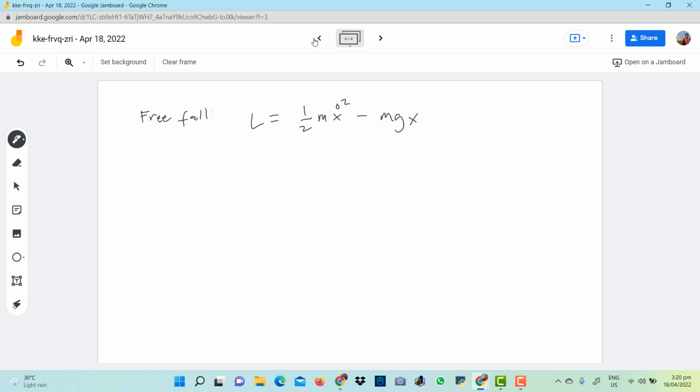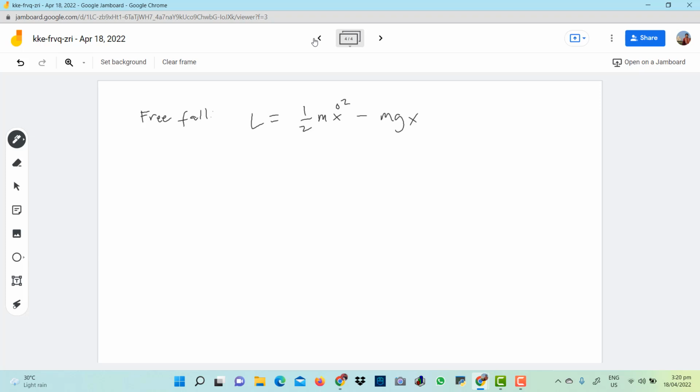Or if you use y, then it is 1/2 m y dot squared minus mgy. It is the same. So in this case, your L is a function of x, it is dependent on x. Therefore, your momentum is not constant.